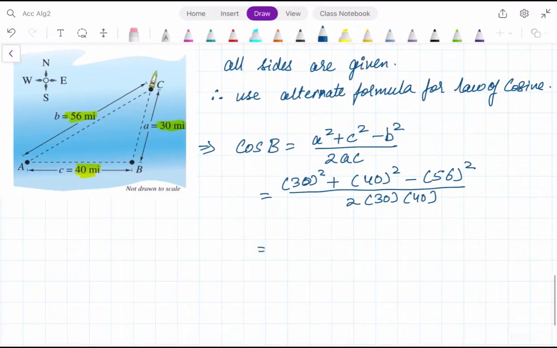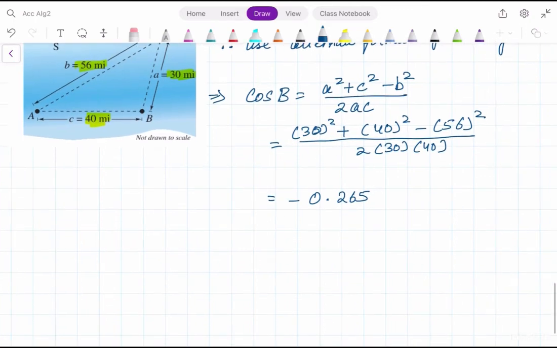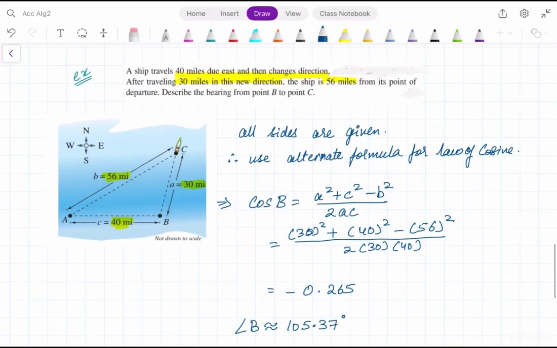If you solve it, you will get approximately negative 0.265, and after that we will take the inverse to get angle B. If I take the inverse, you will get angle B as approximately 105.37 degrees.